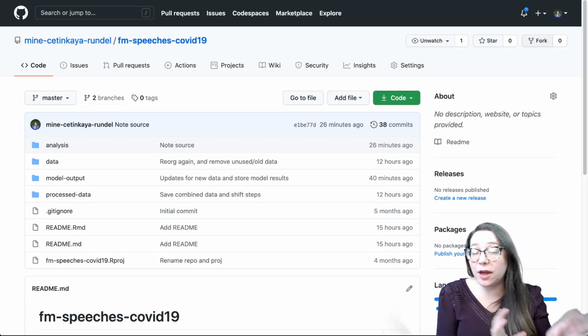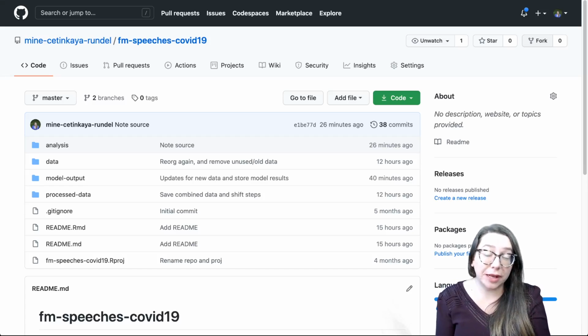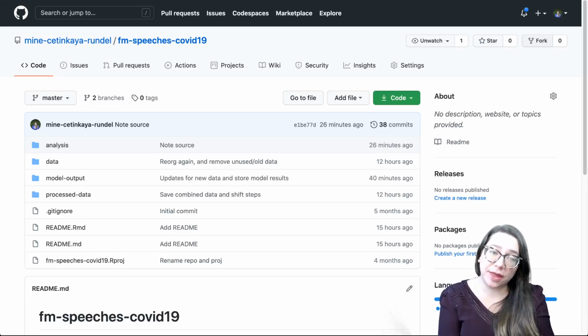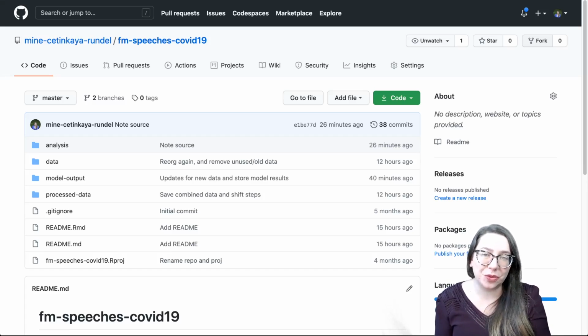That fork will not automatically get any of my updates if I do make updates to the repository going forward, but at least you can play along, and if you want to make changes to anything that I've been working on, you can do that and push it to your repository. So now we're going to return our attention to RStudio and actually go through this analysis.